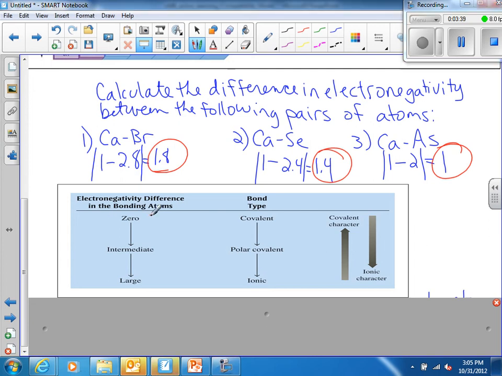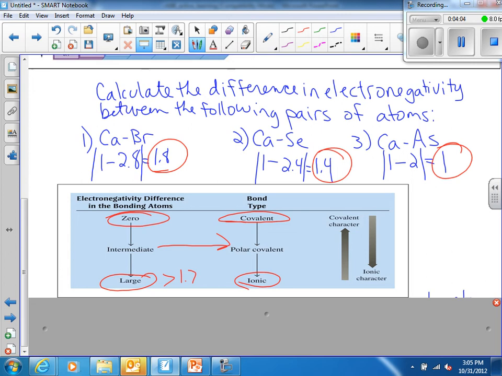If the difference in electronegativity is 0, your bond is just a covalent bond. It's not polar at all. When your electronegativity difference is large, usually greater than 1.7, we say the bond is ionic. And intermediate, we would say the bond is a polar covalent bond.